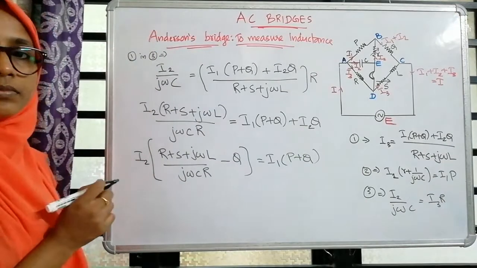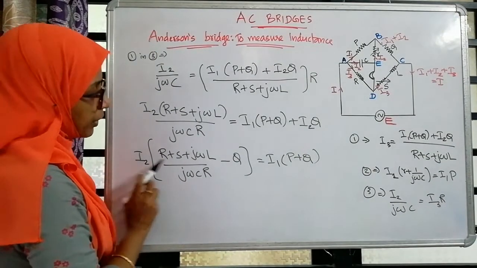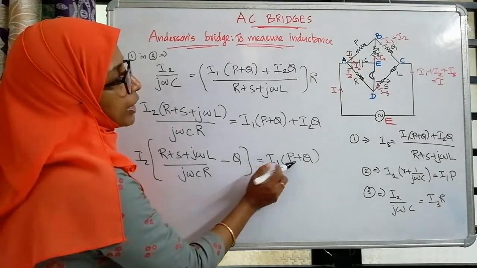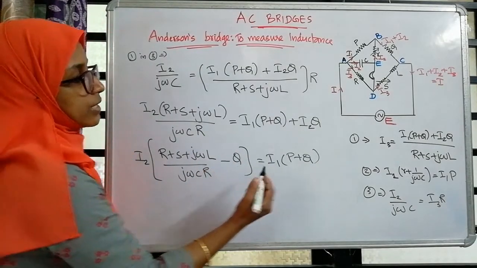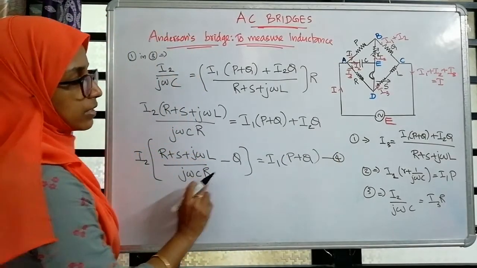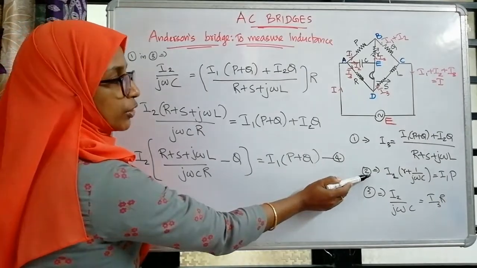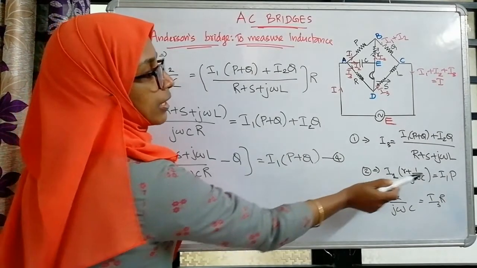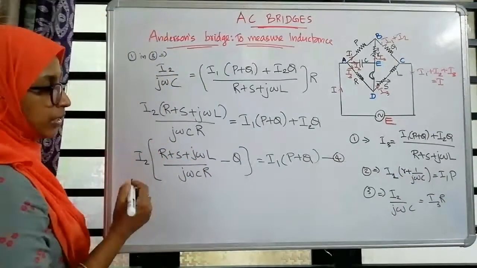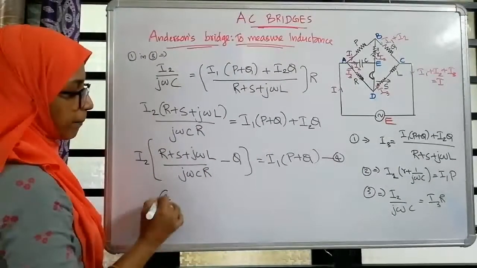Now we got a relation such as I2 into a particular term is equal to I1 into (P plus Q). Now give this as equation number 4 and compare this equation with equation 2. In equation 2 also there is I2 on one side and I1 on the opposite side. So we can divide equation 4 by 2.